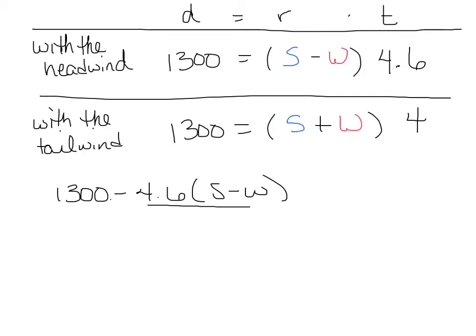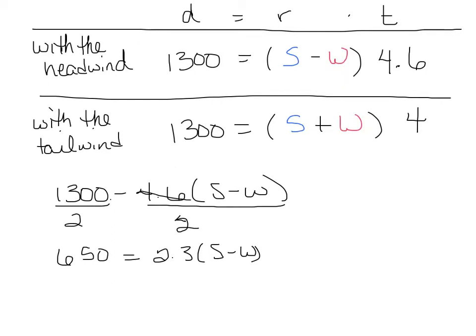And we divide both sides of that equation by 2. We will have 650 is equal to 2.3 times S minus W. Okay, the reason that I did that is just to make the numbers smaller, but I know that whatever I do to the right-hand side of the equation, I can do to the left-hand side. So dividing would be fine.